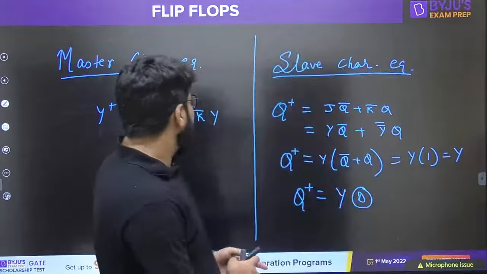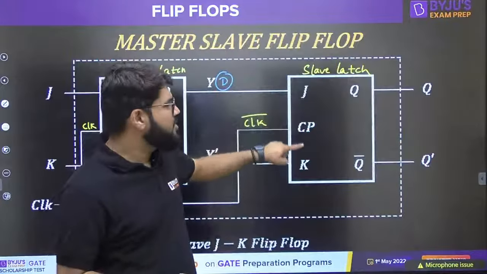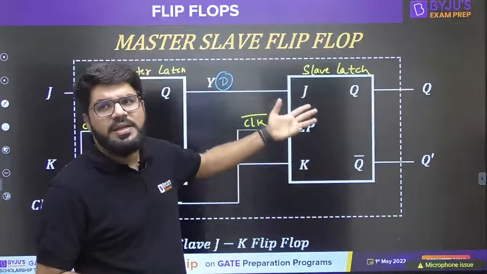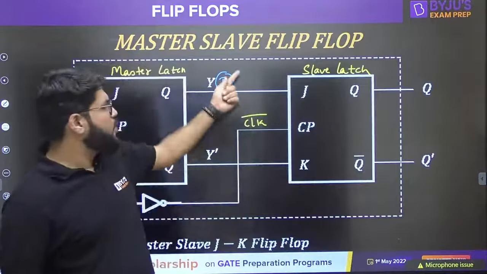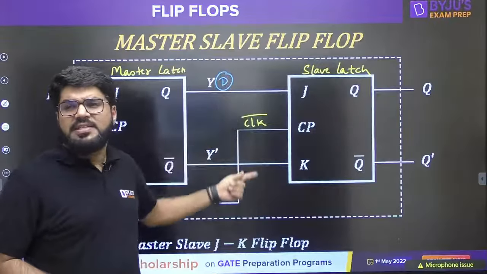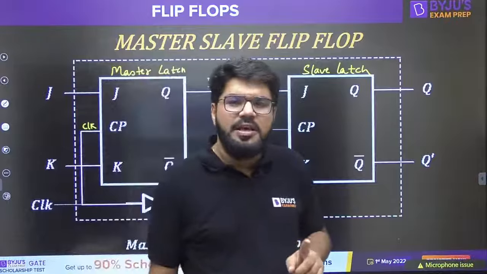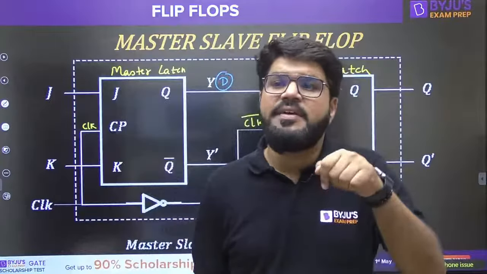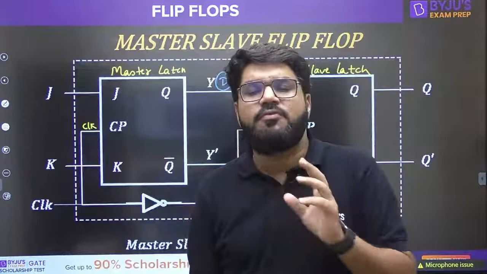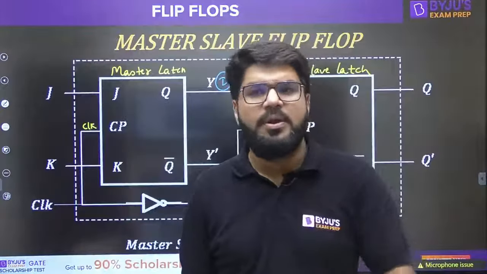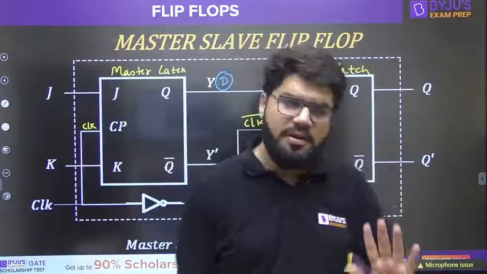So this is nothing, guys. This implementation of JK latch converts it into a D latch. Whenever both the outputs of the JK latch are toggled of each other, one is Y bar, one is D bar, then that JK latch behaves as a D latch. Don't worry, tomorrow we are going to study flip-flop conversion, how to convert one flip-flop into another, what is the procedure, what is the shortcut, everything.